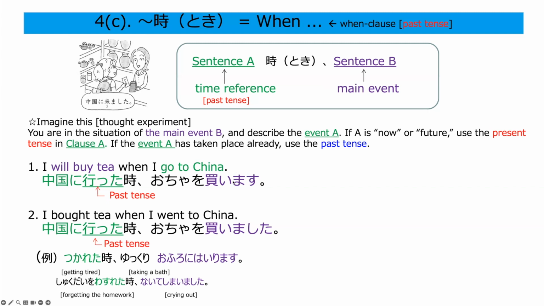So unlike English, however, in Japanese, you have to use the past tense here. Okay? The idea is the same. Imagine you are buying tea here, right? You as Mary-san. Imagine from that point, going to China has to already have happened, right?